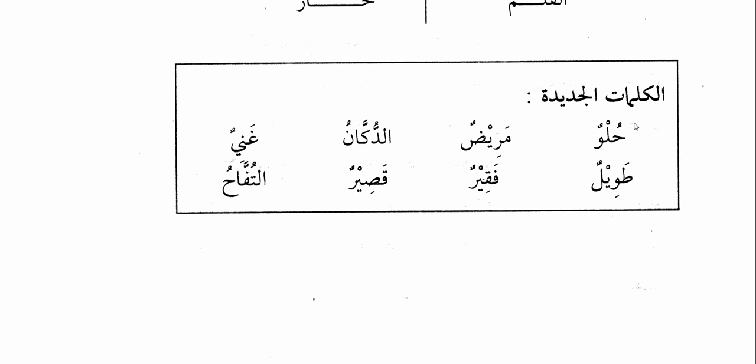Al-kalimat al-jadida. Whatever you learn in this lesson, they are just repeating. So there are some random words here. Hulwun means it's sweet. Sweets like pudding, sweet porridge. Marid, sick.